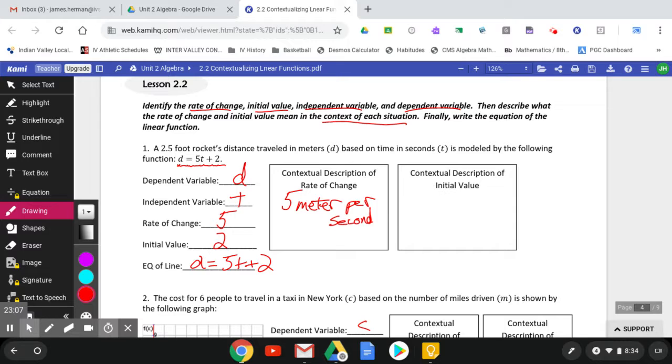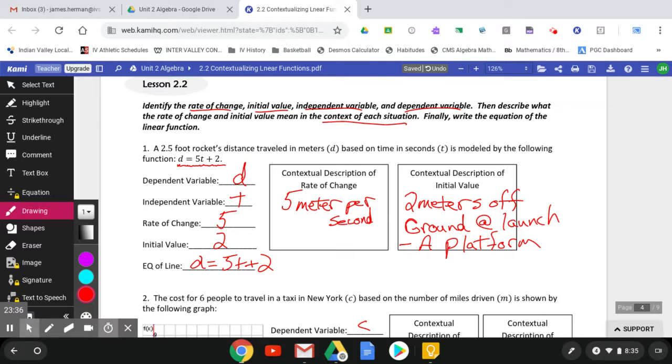So, what's the initial value? It's 2 meters off the ground at launch. Most likely a platform. That's the context. Do you think you can do that?